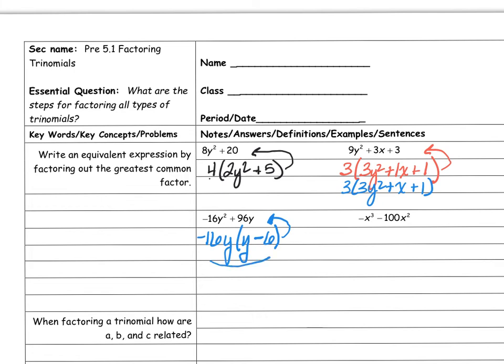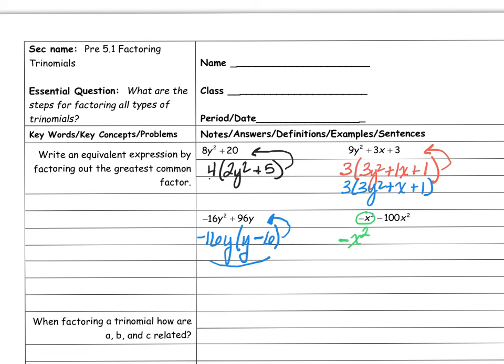And then the last one, I've got negative x cubed minus 100x squared, where there are no numbers that go into there. But there are variables that they both have in common. And what do they have in common? Well, that would be x squared. So I'm going to take a negative x squared since this first number here is negative. I'm going to factor out a negative.